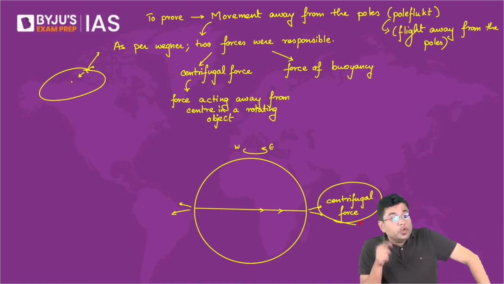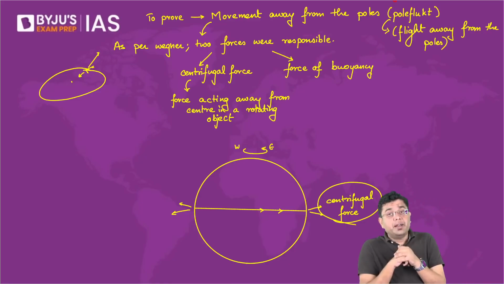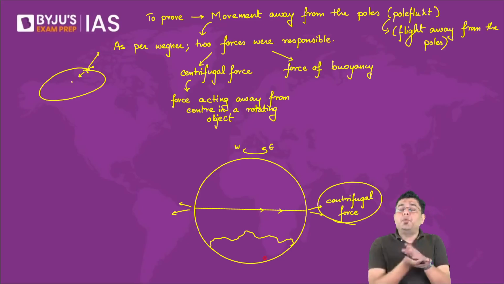Now, you also have the force of buoyancy. What is that force of buoyancy? Pushing the land masses upwards as per Wagner. That force of buoyancy was acting because the continents are floating freely. So he said that, look, all the portions of Gondwana land that we talk about had the force of buoyancy pushing them upwards.